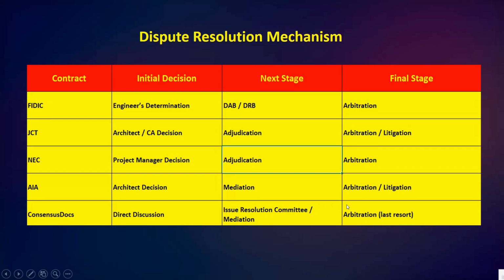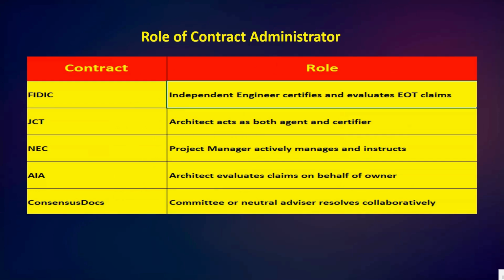So you can see modern contracts like NEC and consensus docs prioritize early resolution and collaboration, while FIDIC and JCT retain a formal structured pathway. I hope this is clear. So next we have the role of the contract administrator. In FIDIC, the engineer is expected to act independently and fairly when certifying EOT claims.